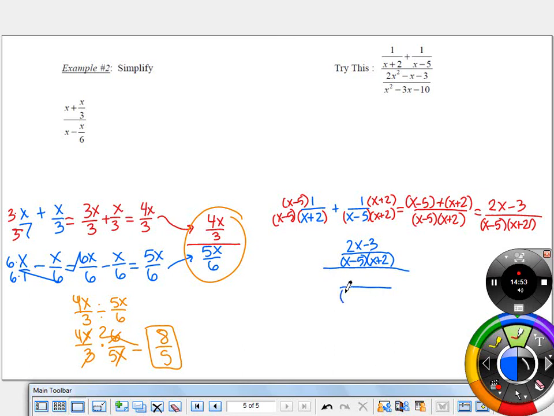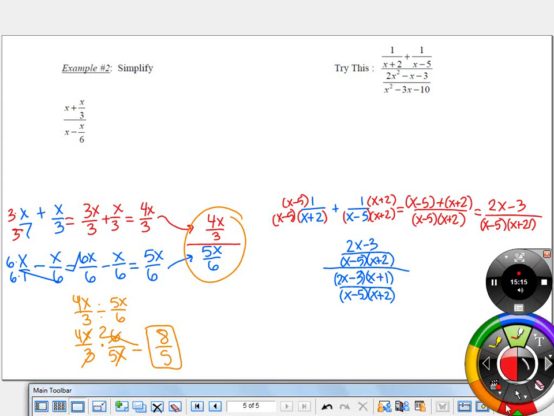So what I'm going to do is attempt to factor those things also. So x squared minus 3x minus 10 can factor as x minus 5 times x plus 2. And 2x squared minus x minus 3 is 2x minus 3 and x plus 1.